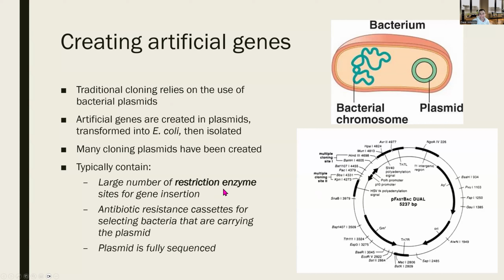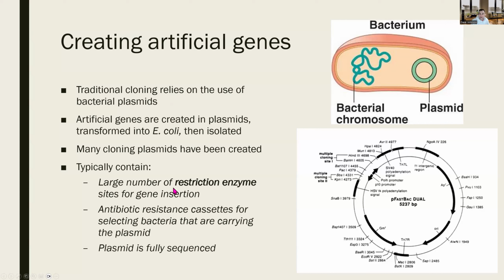They cut DNA at specific sites, so a specific sequence. So by creating plasmids or vectors that have all of these different sites, you can see them here in italics. These are different restriction enzyme sites, and you can cut open the plasmid by using these restriction enzymes, and those create sites where you can insert artificial genes.